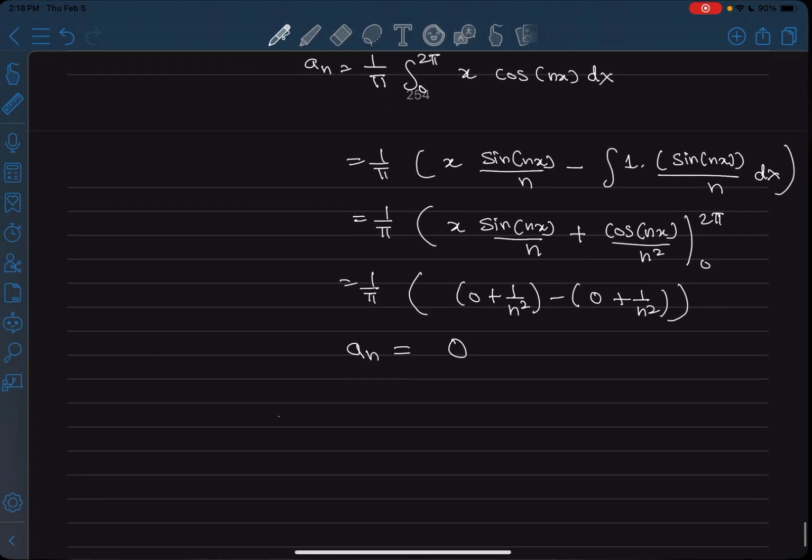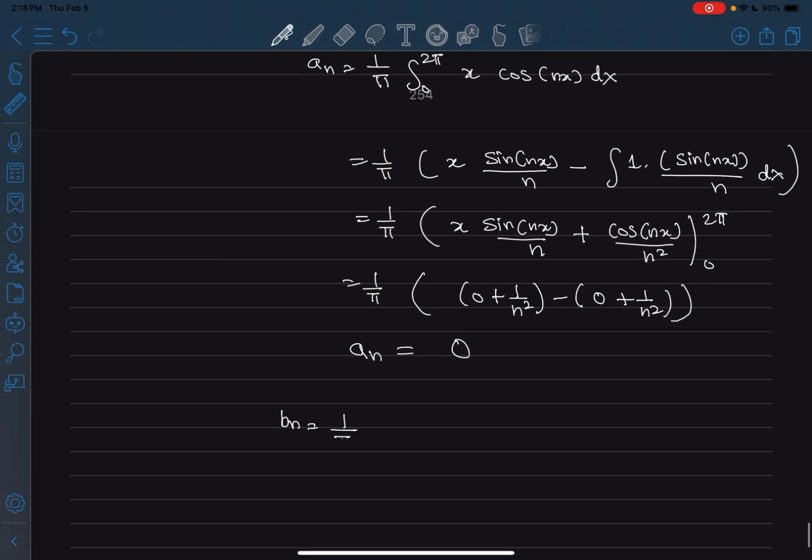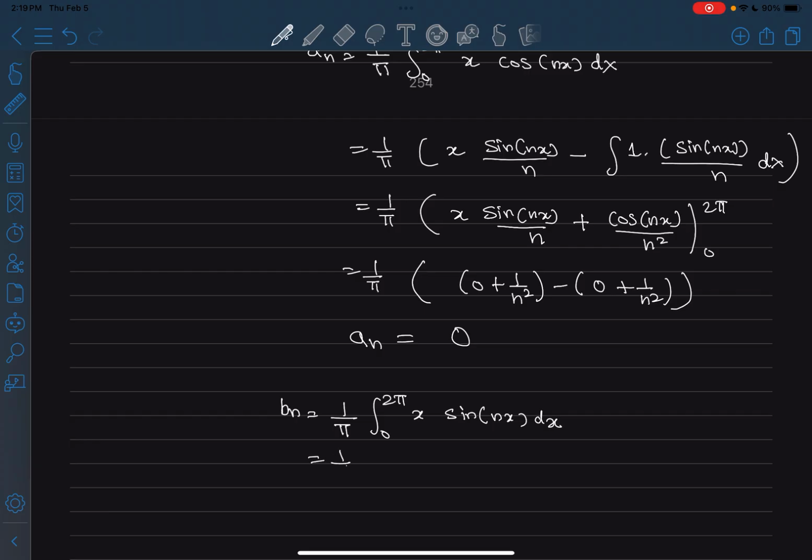Now for b sub n, it should be 1 over pi integral from 0 to 2 pi of x sine of nx dx. Okay, now let's see how we can do that. The same thing, 1 over pi and integration by parts, x. So this is minus cos nx over n, minus the derivative of x, which is 1, times minus cos nx over n dx, right? And this minus minus becomes plus.